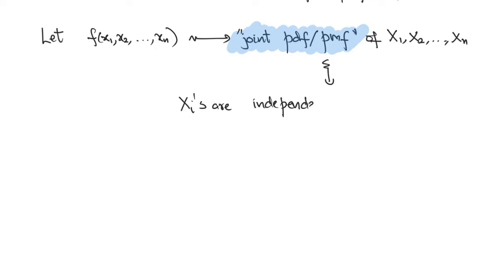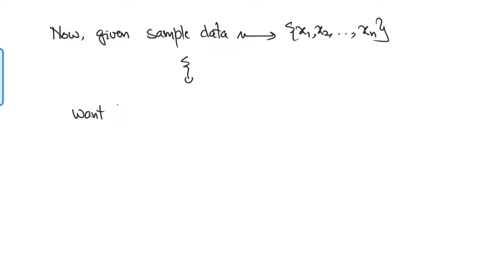Since the xi's are independent, notice that the joint PMF is going to be the product of the PMFs of each individual xi's, and we have misused the terminology here where we are denoting both the PMFs by the same symbol, that is f.